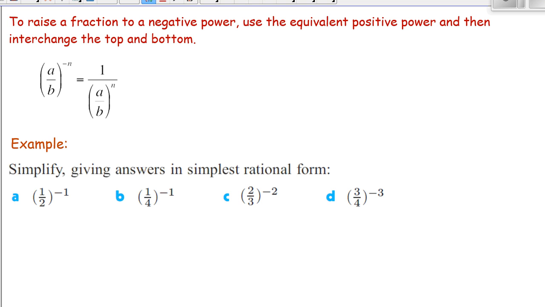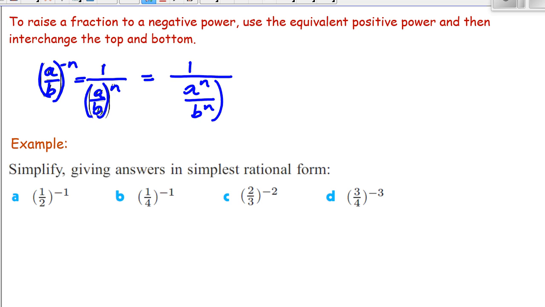So, a over b to the power negative n is equal to 1 over a over b to the power n, and this is equal to 1 over a to the power n over b to the power n.